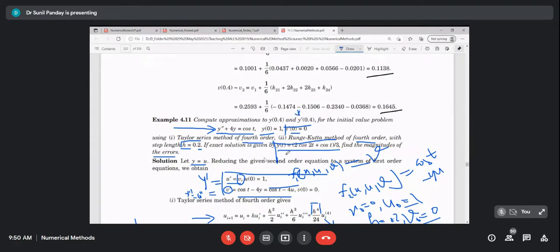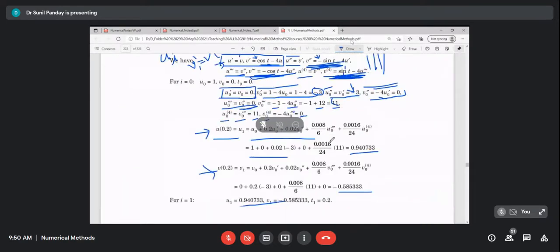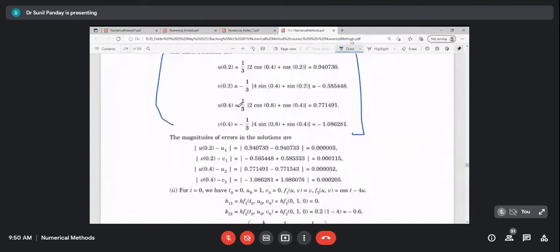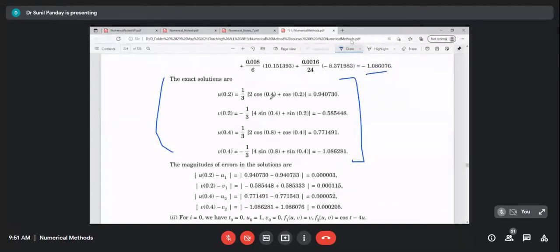So if from this exact solution I differentiate with respect to t, then I will get y dash t, and then I substitute one time t equal to 0.2 and second time t equal to 0.4. So I will get these four values. So these are the exact values we are getting from the exact solution.